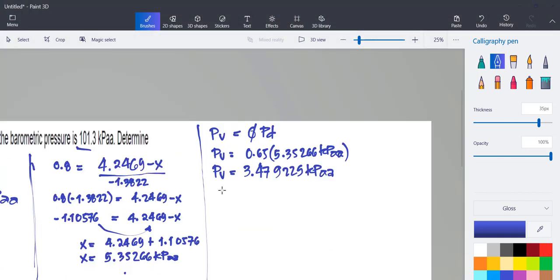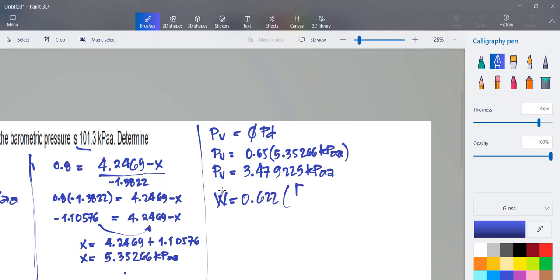Continuing, no? So from our humidity, that will be 0.622. So from the equation kanina, that will be PV, partial pressure of vapor, over total pressure minus the partial pressure of vapor.